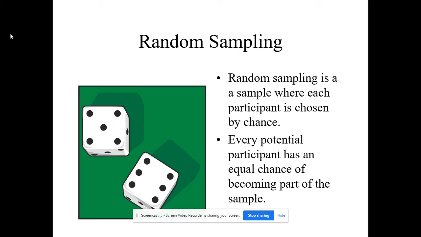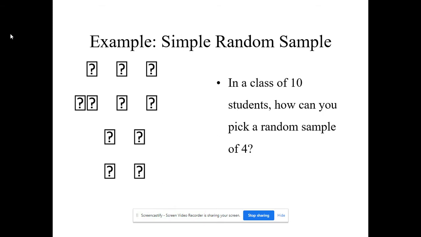So the first method is what's called simple random sampling. I sample a random number of the total group, and every person or every item in that group has an equal chance of becoming part of the sample. So, for example, in a class of 10 students, how can I pick a random sample of 4? I can't just pick the first 4 who walk in the door.